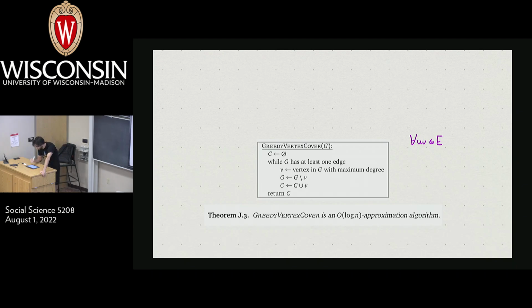So at that point, we pick V of max degree. In particular, it'll have degree at least 1 because something is touching this edge. And then at that point, either U or V would be added to C, and so C is a valid vertex cover.